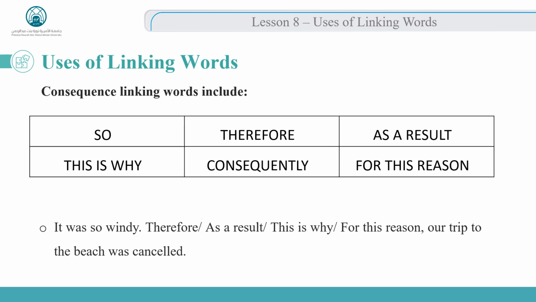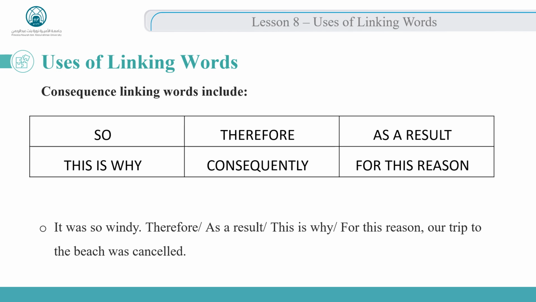Linking words can also be used to express consequence. They include so, therefore, as a result, this is why, consequently, for this reason. Let's have an example. It was so windy, therefore our trip to the beach was cancelled.